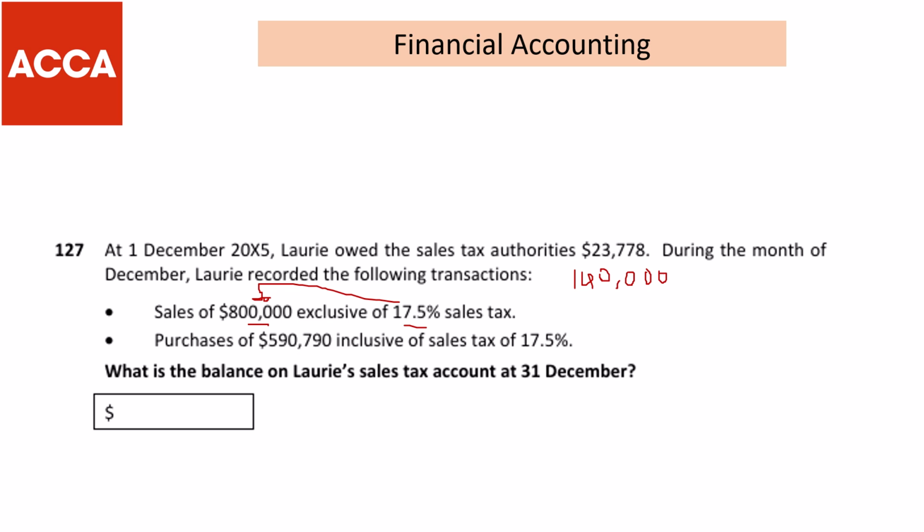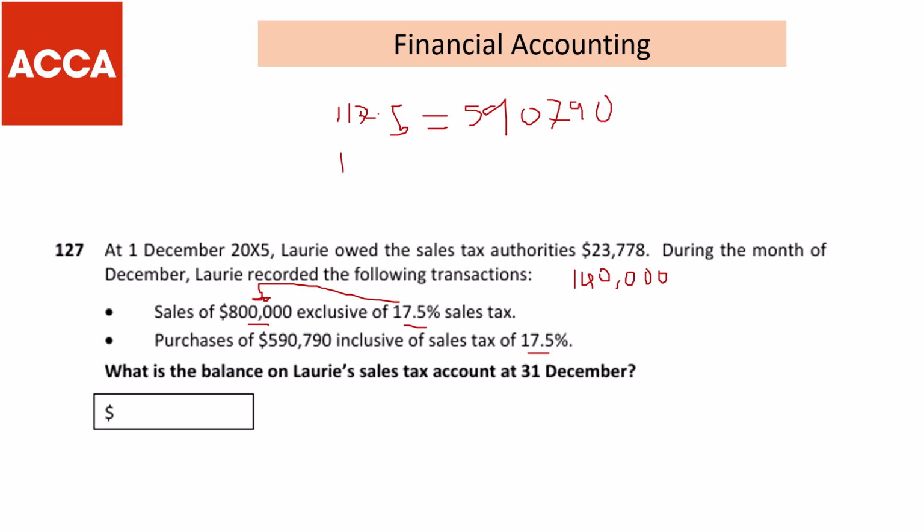And for the next part, you can offset the tax that you pay on your purchases, known as input tax, but purchases of 590,790 inclusive of sales tax. So what does that mean? It means that 117.5 is equal to 590,790.